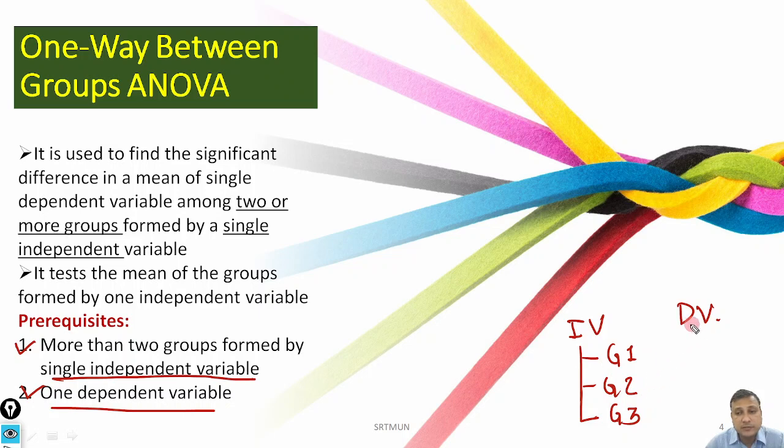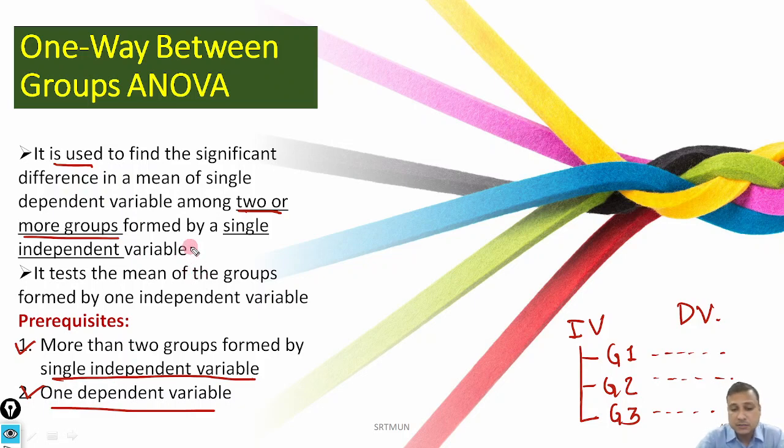Data for this dependent variable is there in group 1, group 2 and group 3, and then I'll try to find out whether there is any significant difference between these three groups or not. So one way between groups ANOVA is used to find the significant difference in the mean of a single dependent variable among two or more groups formed by a single independent variable.